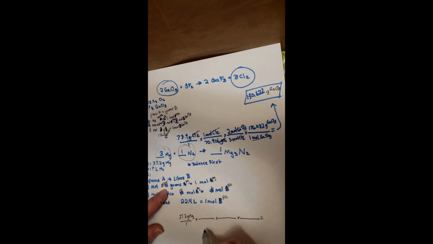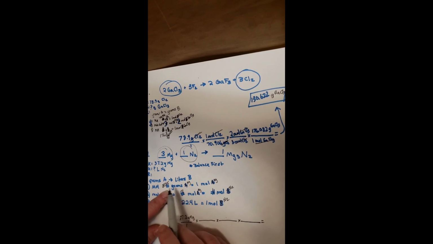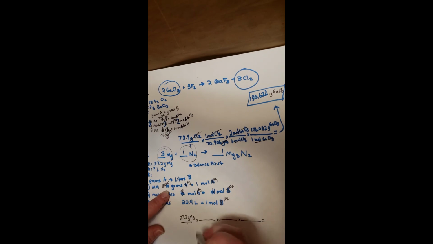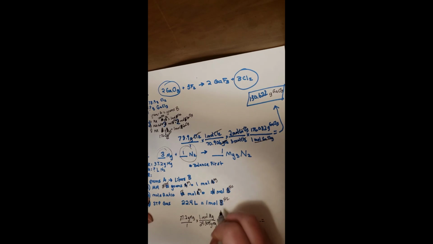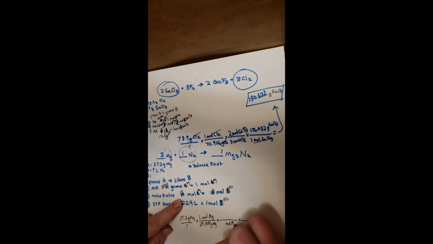Remember, we want the units to stay the same diagonally, so I'm going to put the grams part on bottom. That means the 1 mole is going to go on top. Units the same diagonally, so we want moles of magnesium on bottom.